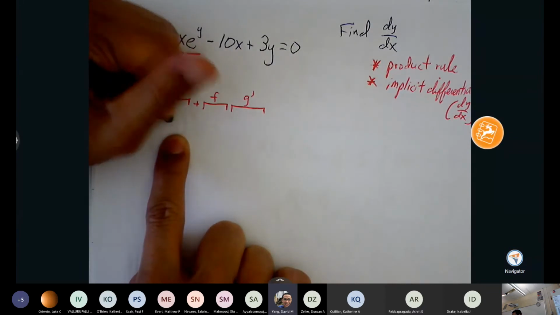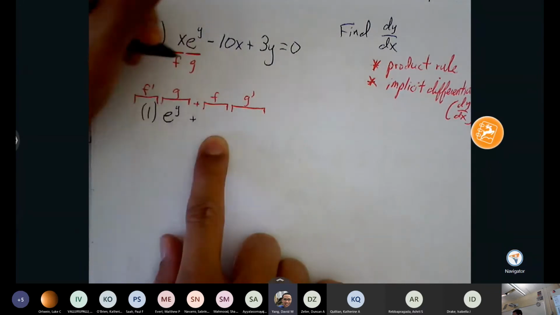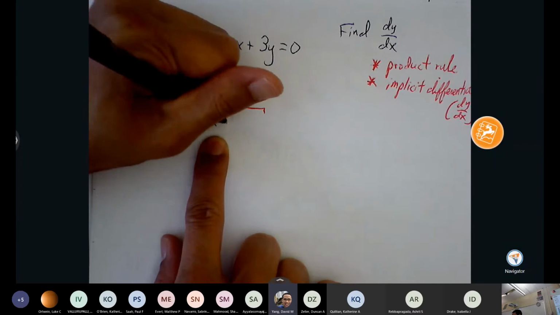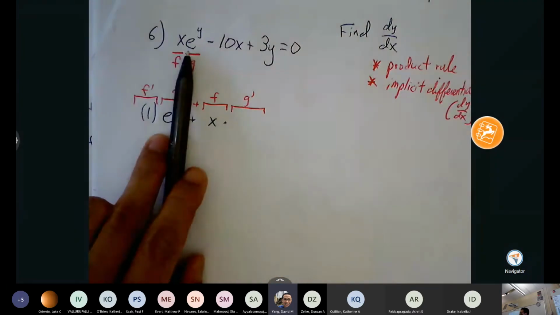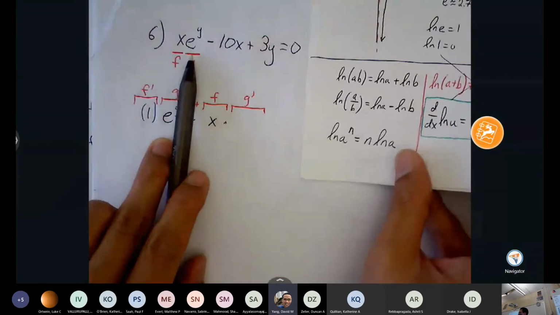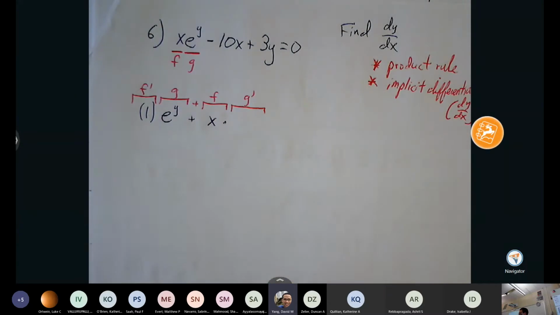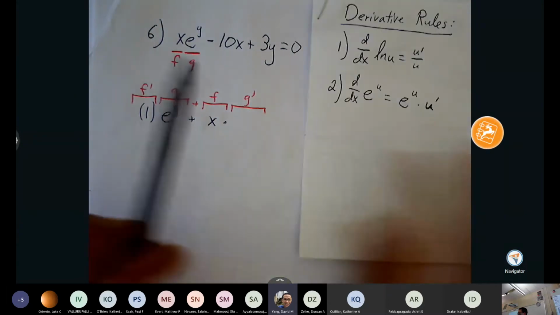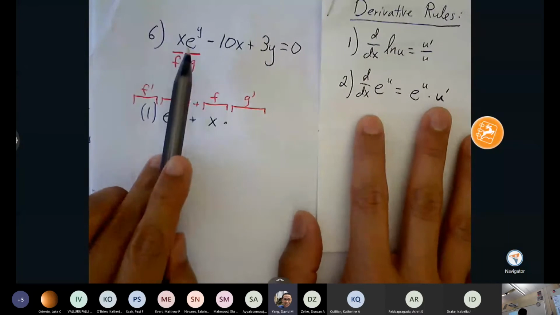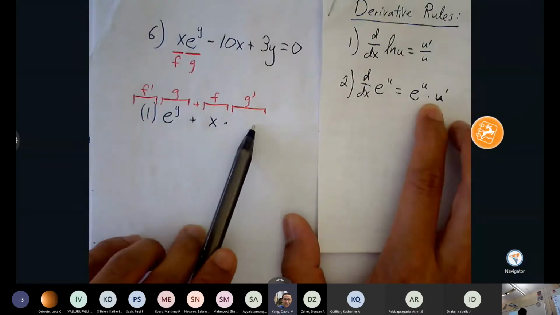G function, no changes. F function, no changes. Now, G prime. What's the derivative of e to the y? Good.